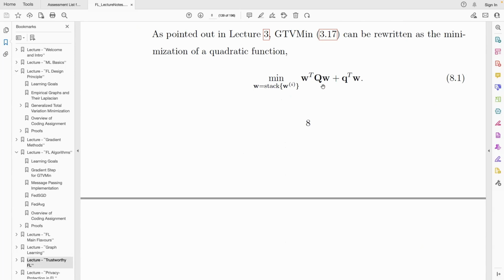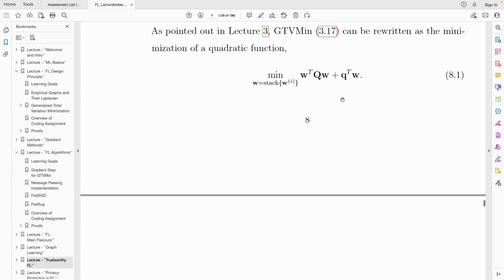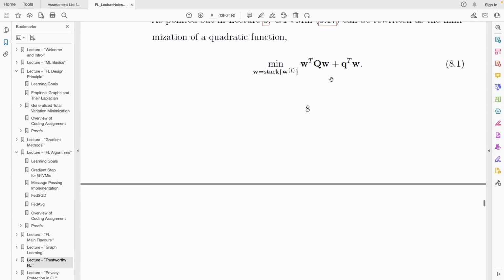There is a bit of unfortunate naming now: the model parameters are one thing, but the Q matrix, which contains the features, and the small q vector, which contains the labels, are in some sense parameters of this optimization problem. They parameterize it.